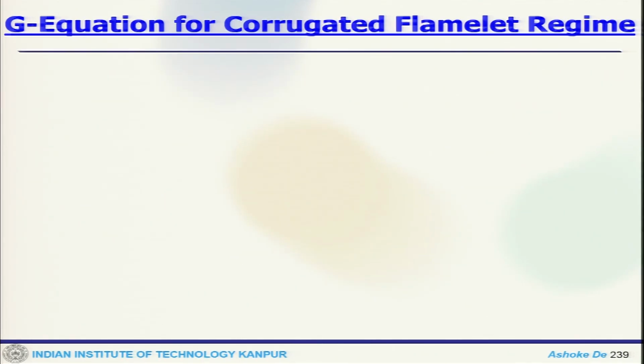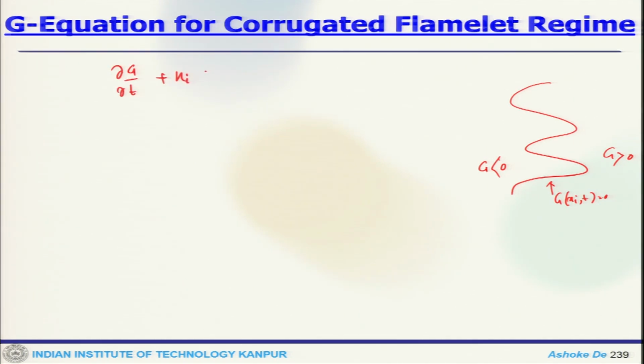Now, if you look at that flame front, this is my equation from the G surface, del xi. So, now the kinematic equation is no more a function of density.